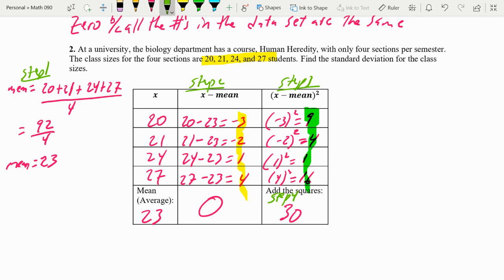So then step 5. Step 5 was to do what? 30 divided by 4. This is equal to 7.5.